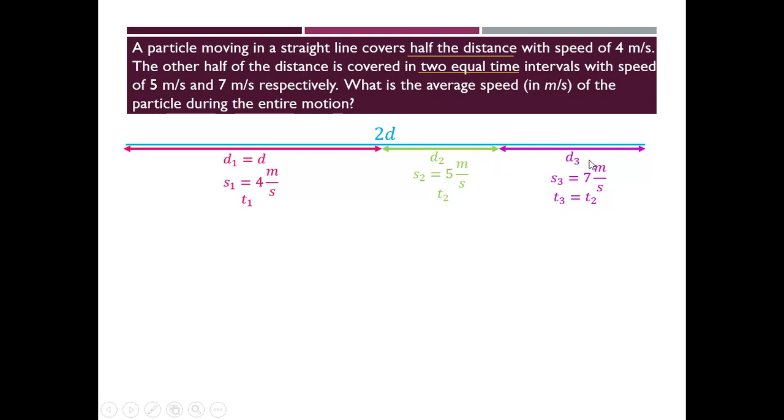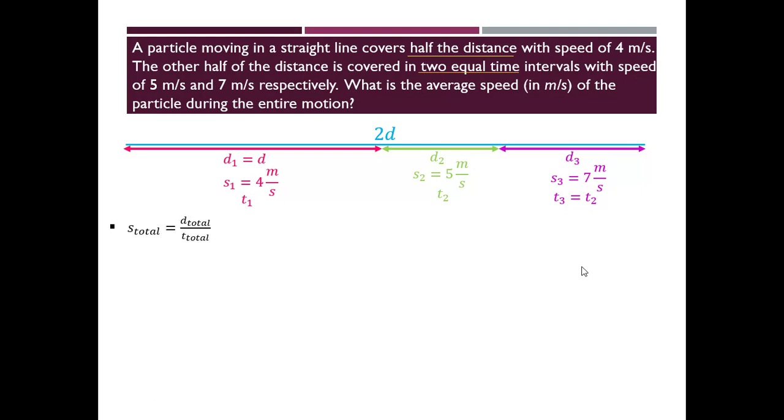Why is D3 longer? It's the same time, but you're moving faster. If you're moving for the same amount of time at a faster rate, you should cover more distance. That is why D3 is longer. Hopefully that makes sense. If not, listen to it again.